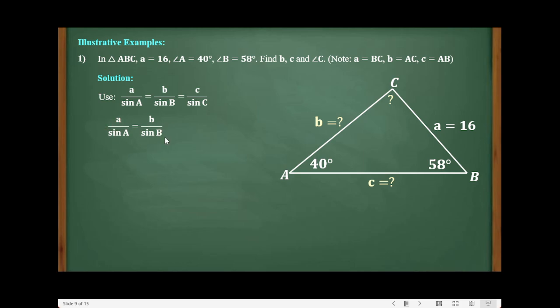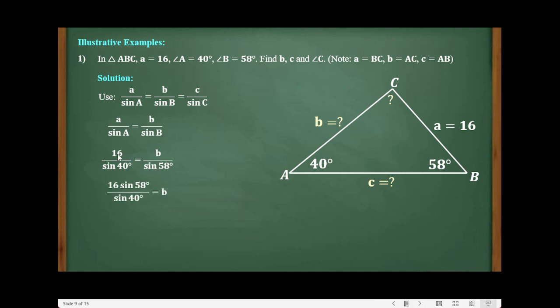So at this point, we are looking for the length of side small letter B. So this is the ratio, and then we plug in the given values or the given parts. So from here, the proportion would become what? A 16, then A here replaced by 40, and B here, or angle B, is replaced by 58. And transforming this equation, solving for B, we have this equation.